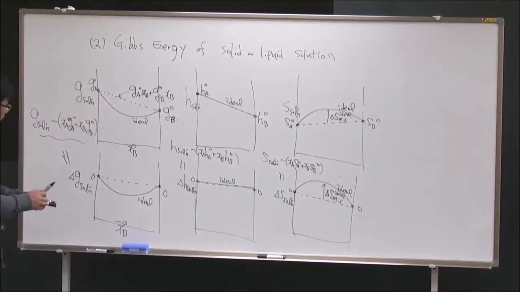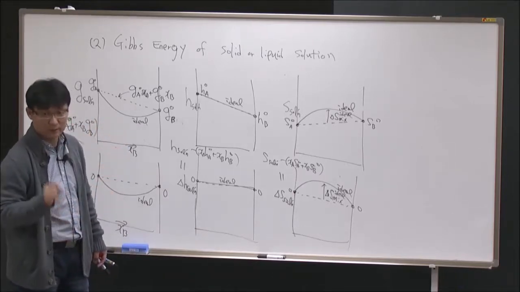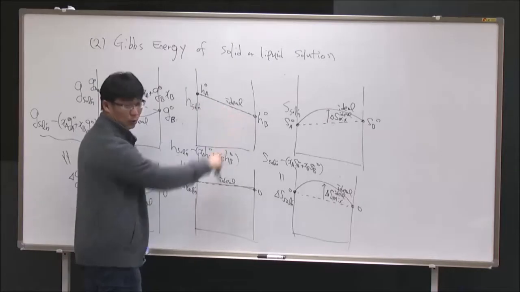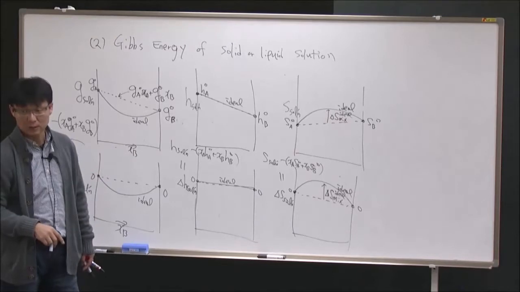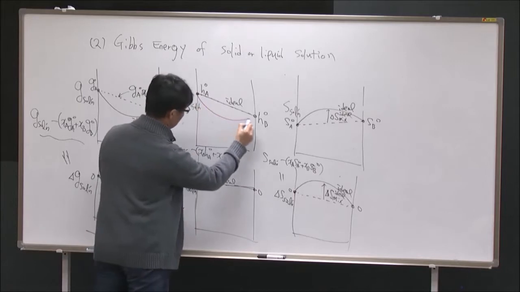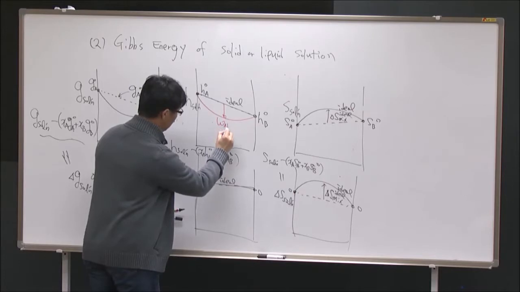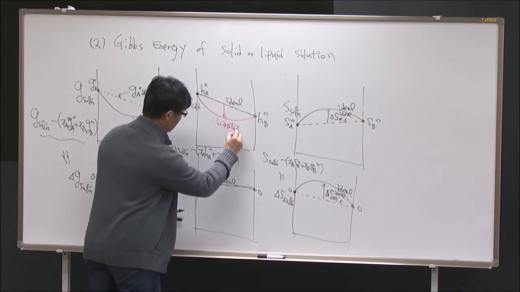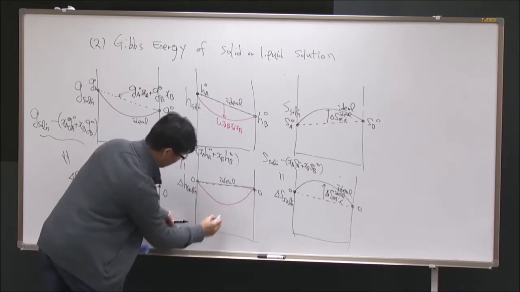Now when you have a regular solution, especially when omega AB is negative, then this is no longer like this. Omega AB is the enthalpy of mixing, and the enthalpy of mixing is a negative term. So this is omega AB XA XB, and this is symmetric, so you'll have the maximum at 0.5.